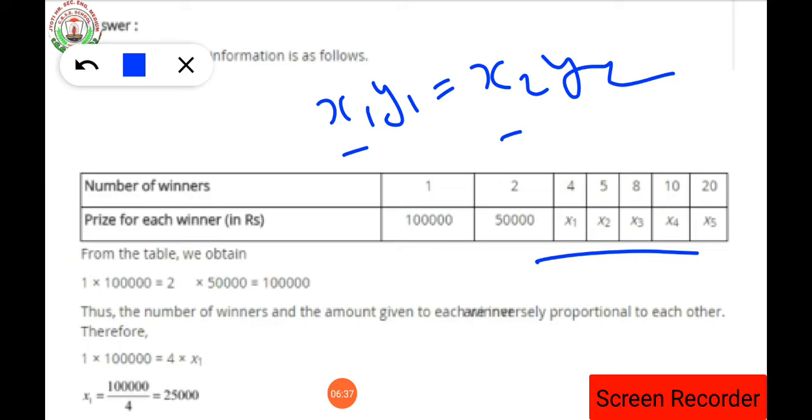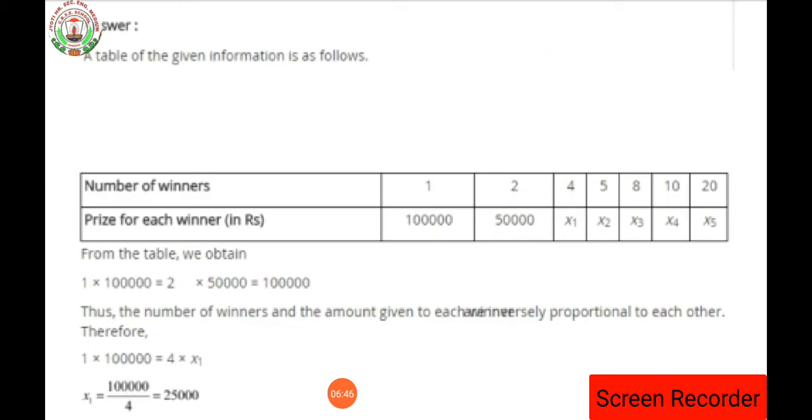Here 1 multiplied with 1 lakh will be 1 lakh. When 2 is multiplied with 50,000, it will be 1 lakh itself, isn't it? So we are going to find the value for 4. If the number of winners is 4, then what will be the prize for each participant?